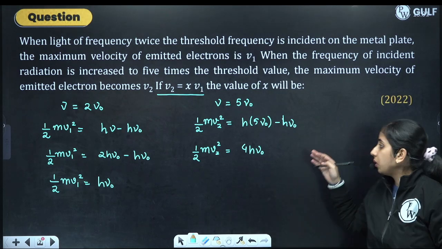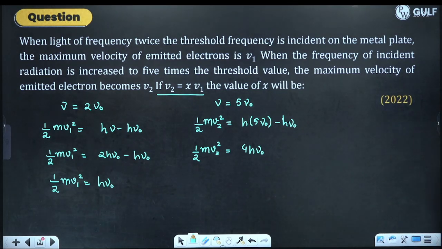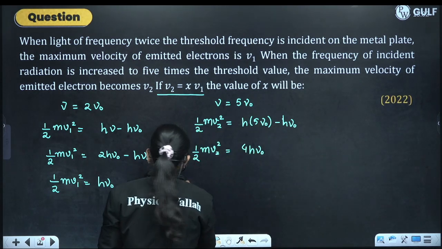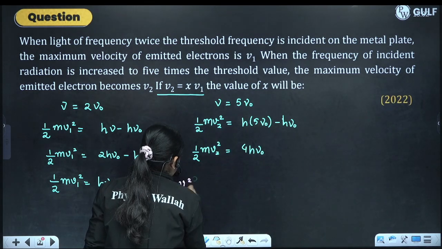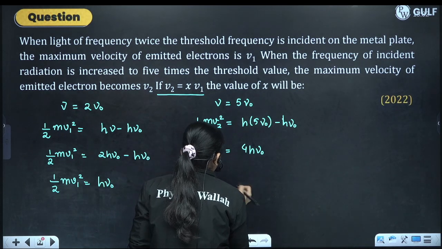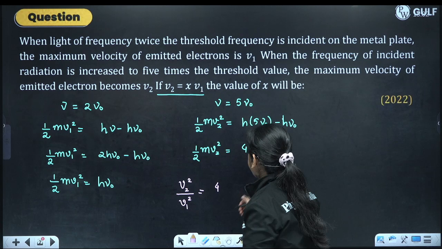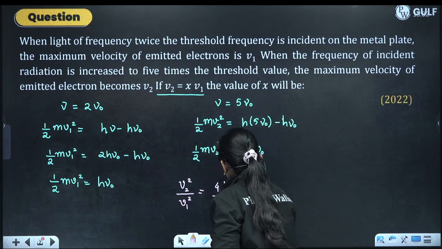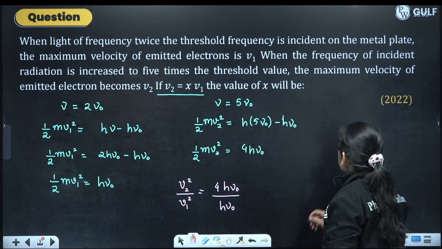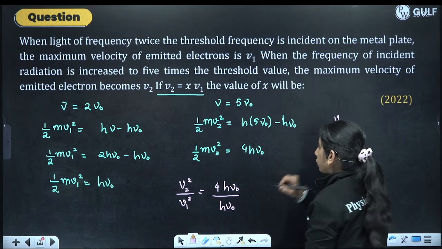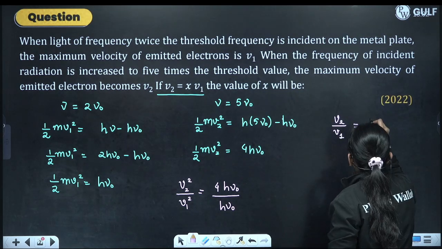Now divide the two equations. We will get V2 square by V1 square is equal to 4h nu naught divided by h nu naught, which is 4. So V2 by V1 is equal to 2.